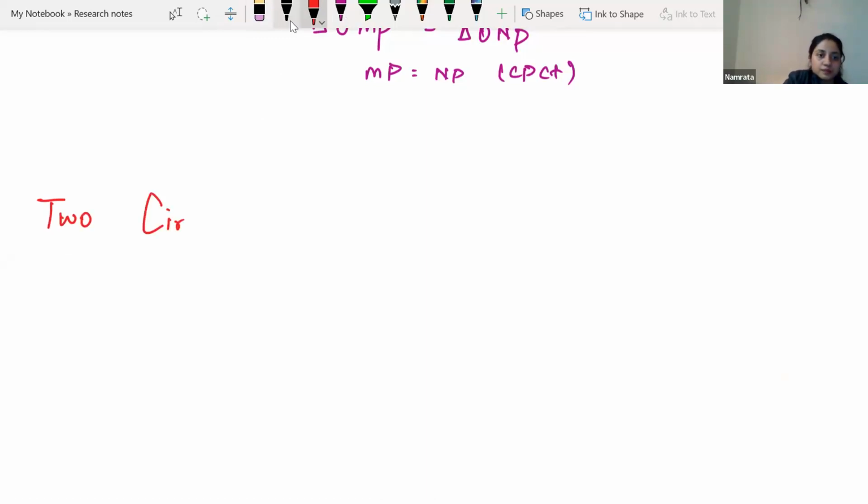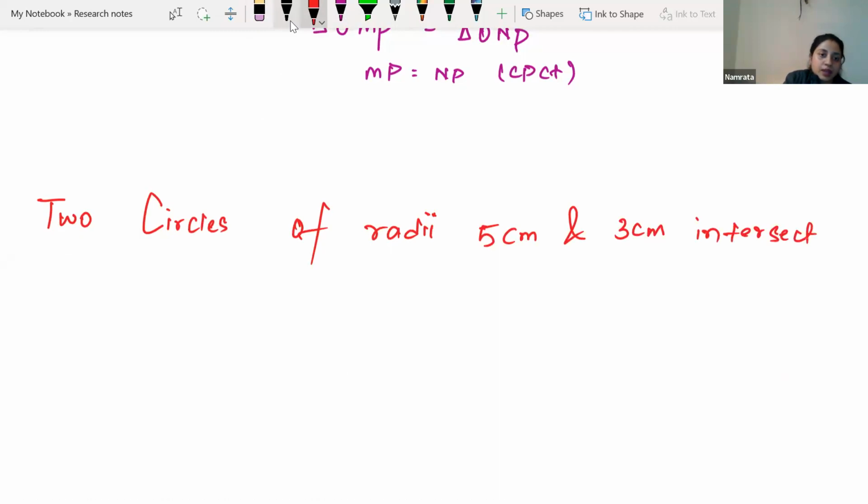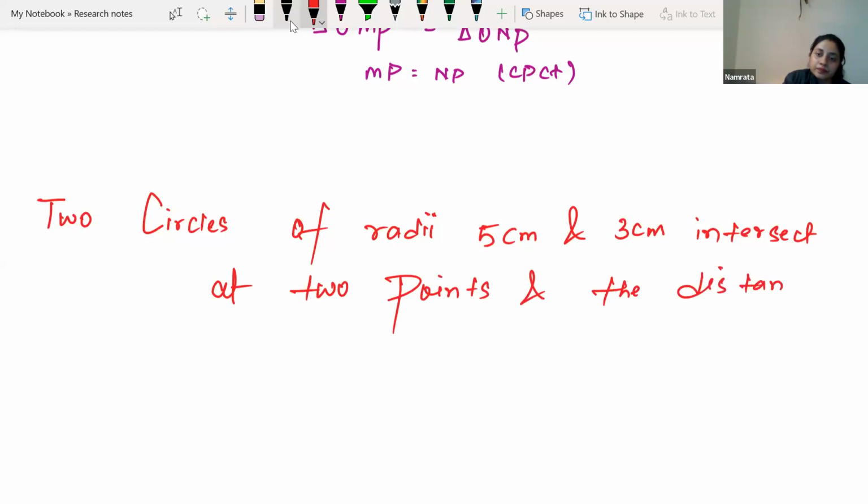Two circles of radii 5 centimeter and 3 centimeter intersect at 2 points, and the distance between their centers is 4 centimeter.